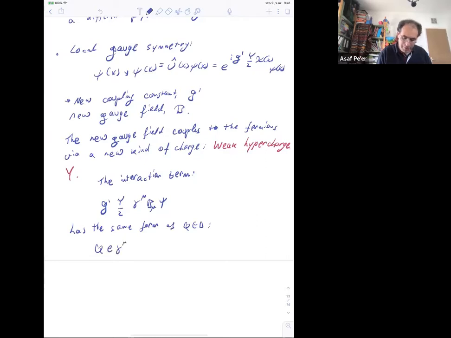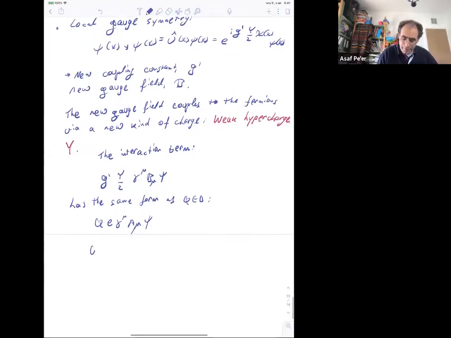E gamma mu A mu psi. Looks exactly the same. The only difference is that Q e is replaced by g' Y over 2.